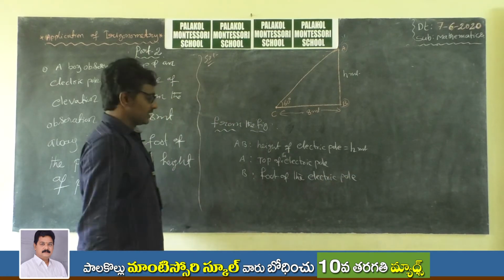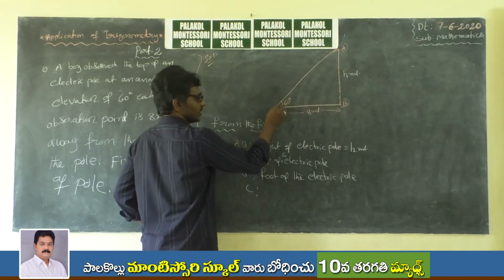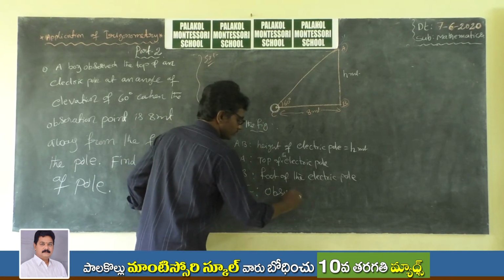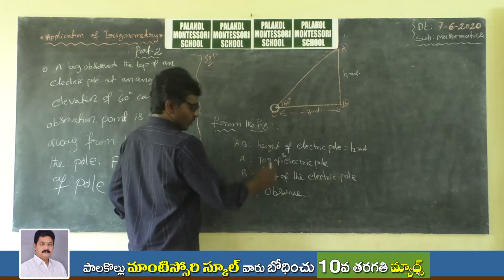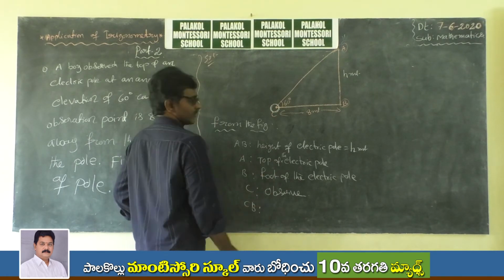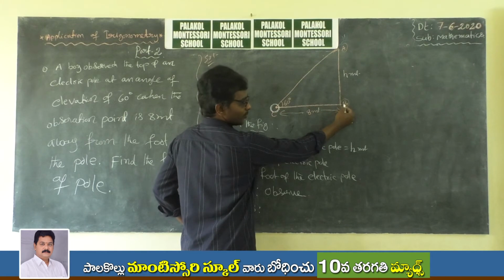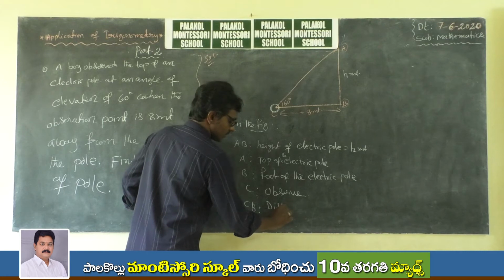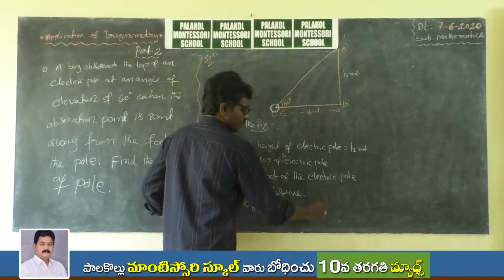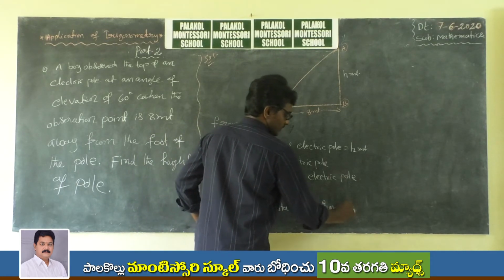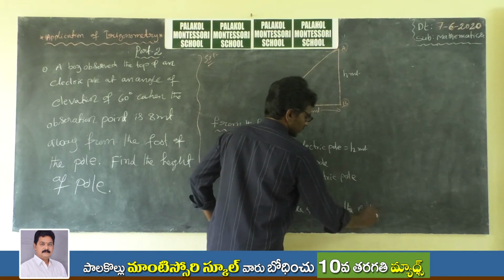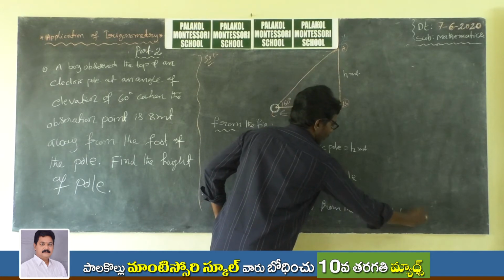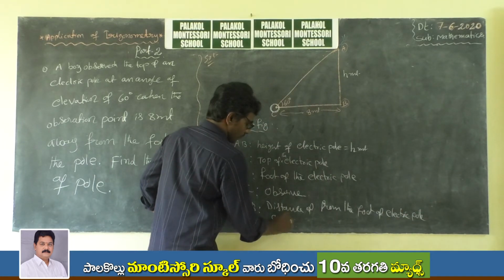Okay, C, here C means observer. Next, what is the meaning of CB? The distance from the foot of the tower, the electrical pole, and a boy.